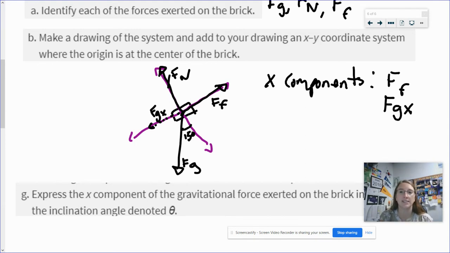They would add to 0 because this brick is not moving, right? Gravity pulling it down this way in the x direction is not going to be strong enough to fight against the friction, and they need to be equal. Let's talk about the y components then.